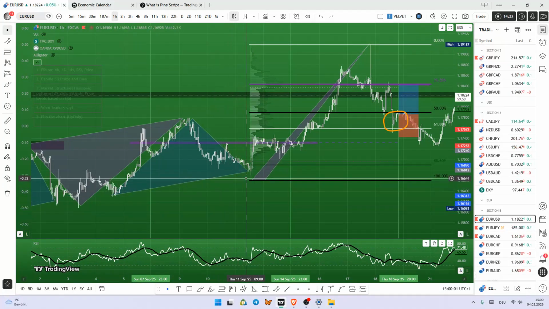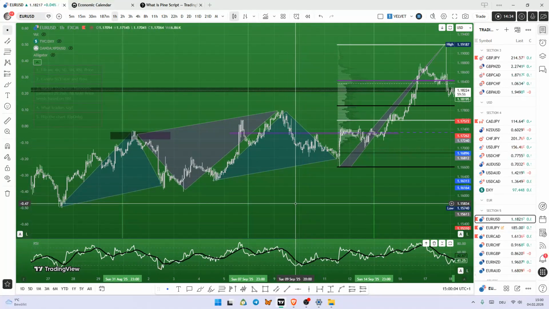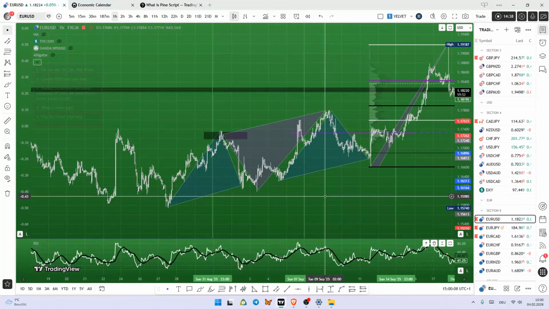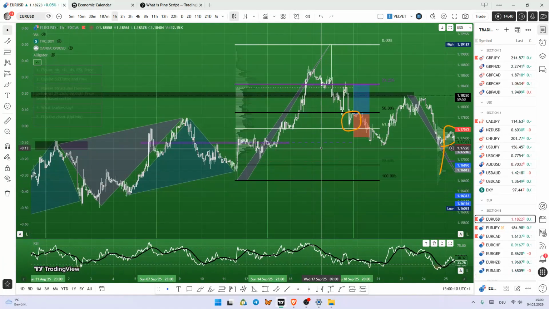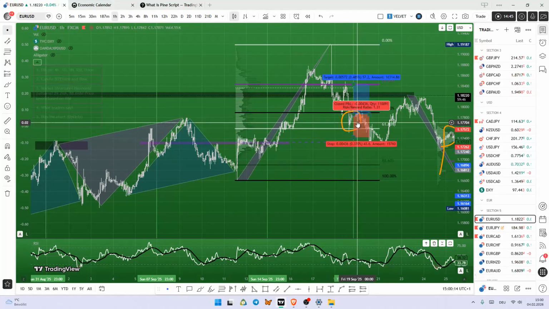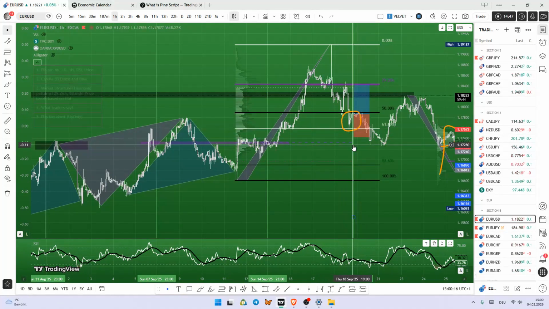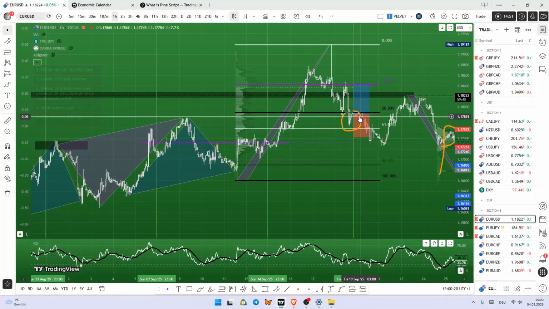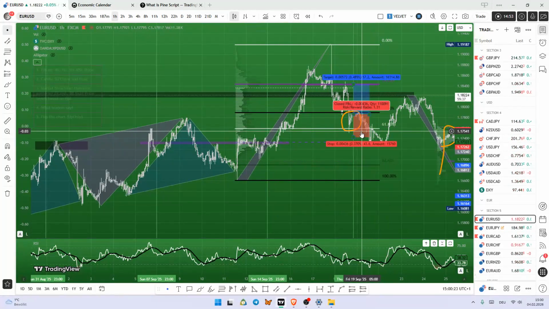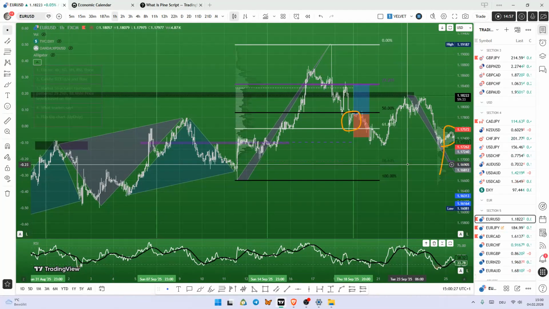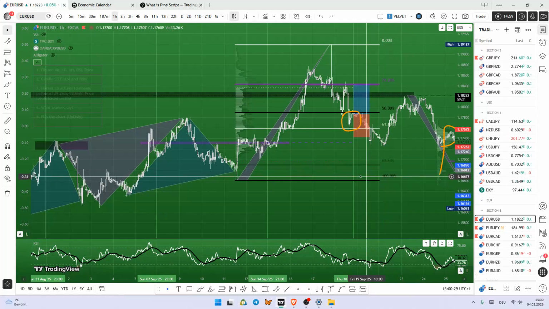So I had my theory with triangles, and I think I get it now. So the most important is anyway 61.8. This is a basis. If we had any distortions from that, it means that there is not going to be an easy continuation upwards, but we should be looking for some reversals.